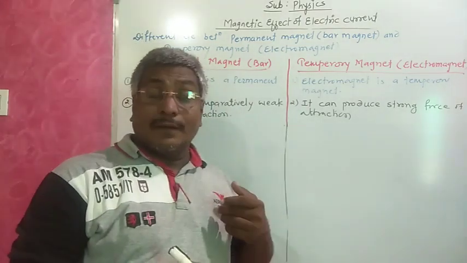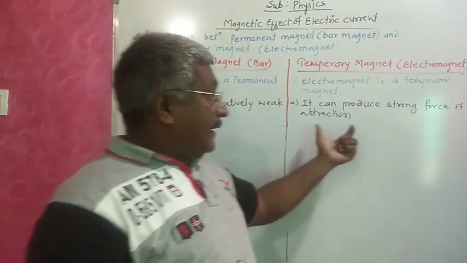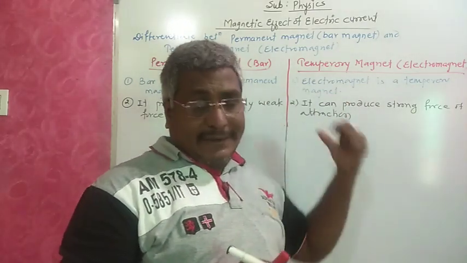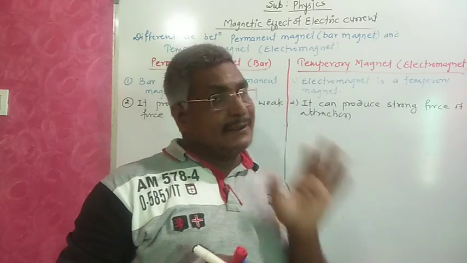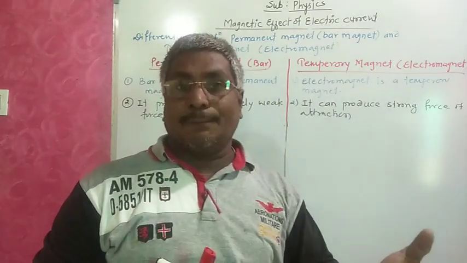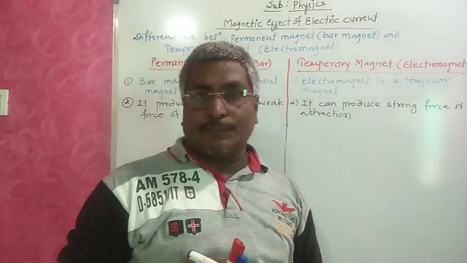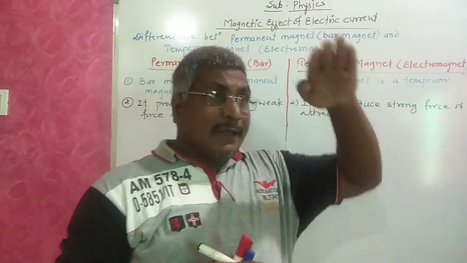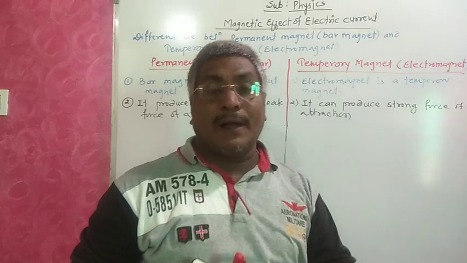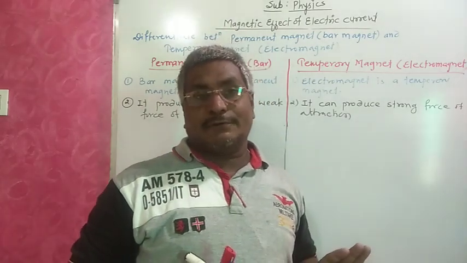Because this magnetism is produced due to passing of electric current. If more current we pass, strong field it will produce, strong force of attraction it will produce. Less amount of current we pass, less force of attraction it will produce.